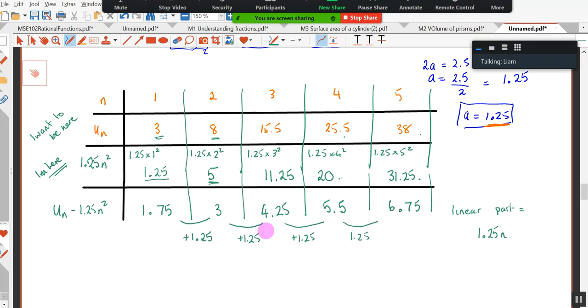Just like how we already had the 1.25 from 2A. But we're not there yet. This isn't 1.25 n, because 1.25 n would give me 1.25, but I'm at 1.75. So what do I need to add on? Yeah, 0.5, isn't it? 1.25 lots of 2.